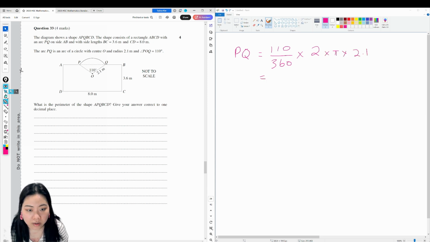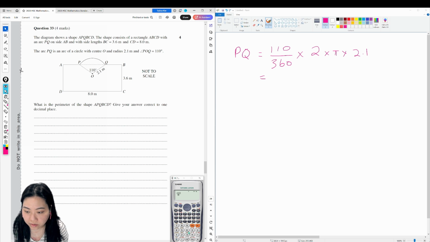Let's work that out. 110 out of 360 of 2 pi. I will keep it as this, 77 on 60 pi meters. Then the perimeter is going to be, wait a minute.